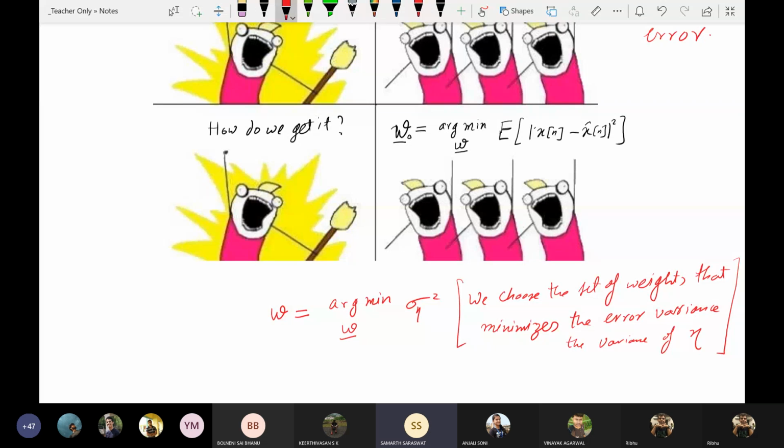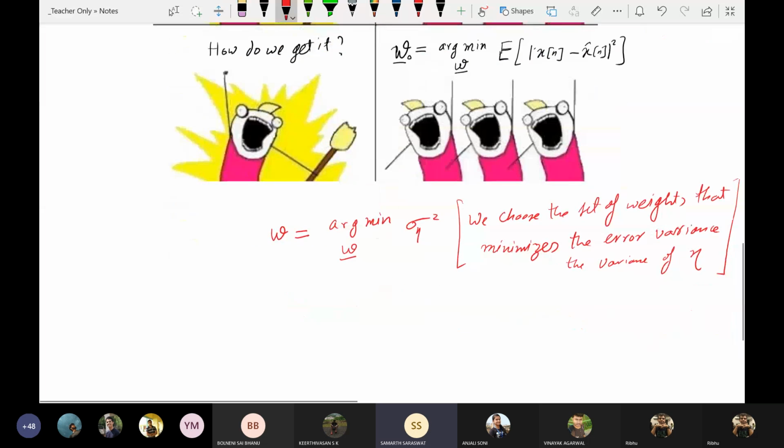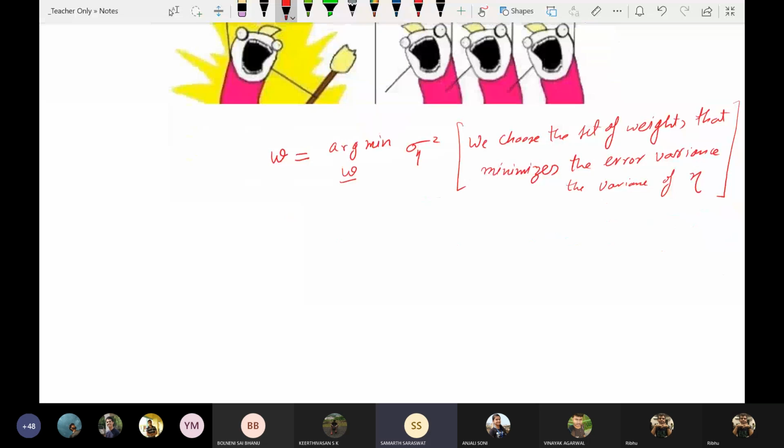The optimal eta should be the same; there is only one optimal eta. We will do some mathematics to get to that. Just have some patience and you will get to know what I am talking about.